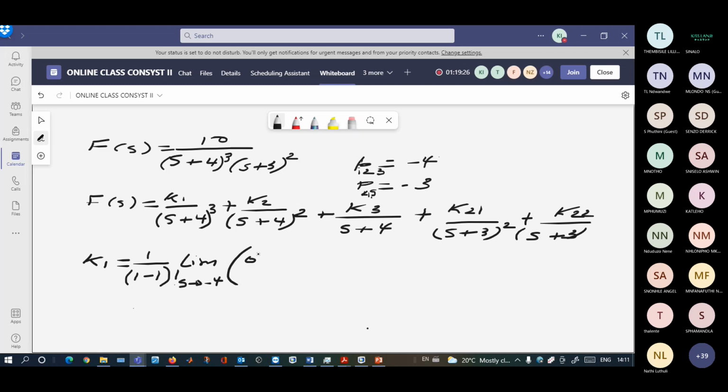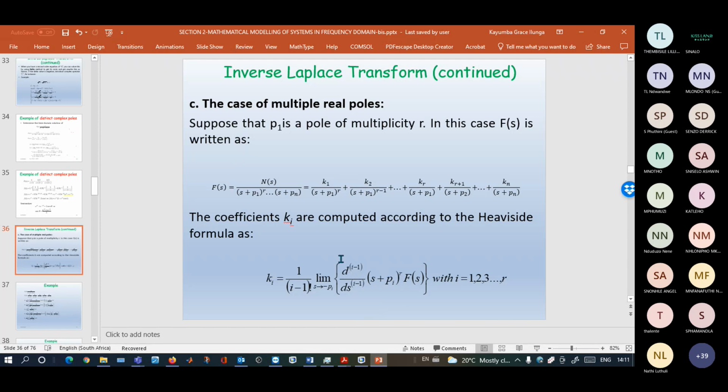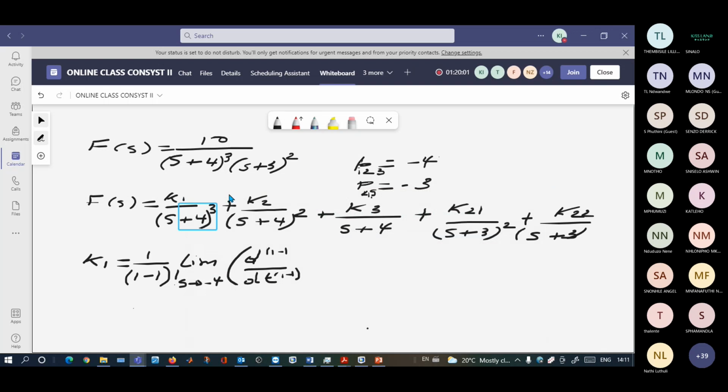We have now a derivative, and the order of the derivative must be I minus 1, so 1 minus 1. Okay guys, so this is the formula. You can see the formula, right? I minus 1. Let me just change it because we are in s, so it's going to be d over ds. We are in the frequency domain.